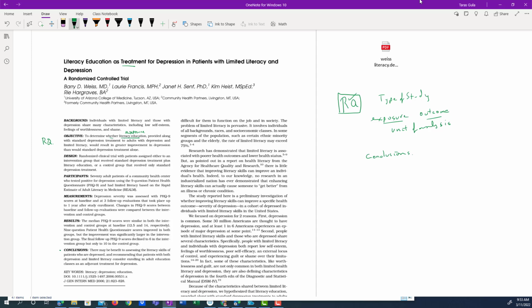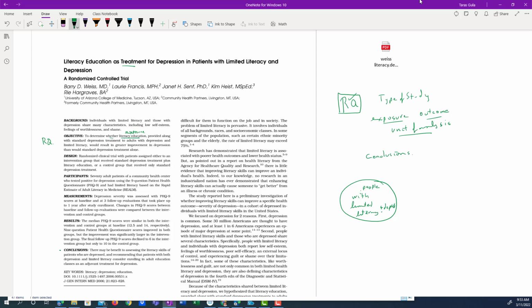We have people who have limited literacy. That's our unit of analysis. We have a group of people with limited literacy and depression.